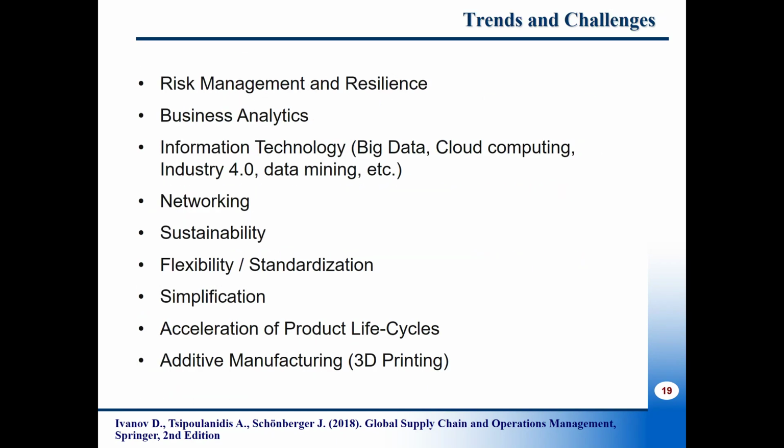Okay, now we are going into trends and challenges in supply chain and operations management. If we look at our current situation where the pandemic attacks our society, then risk management and resilient supply chain become paramount.